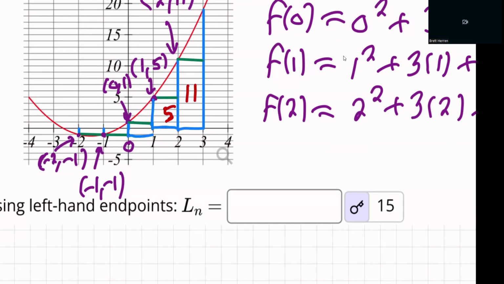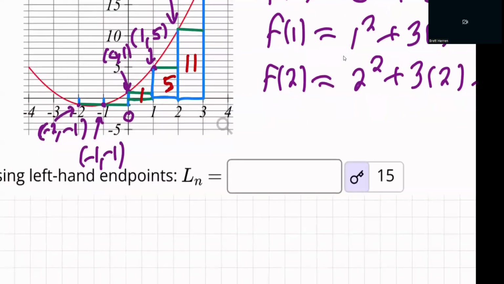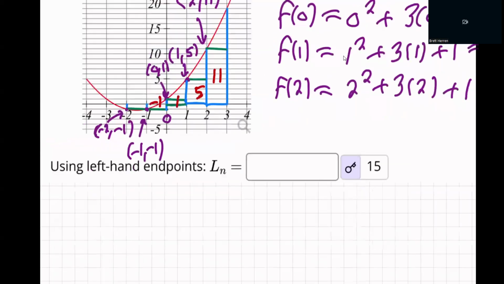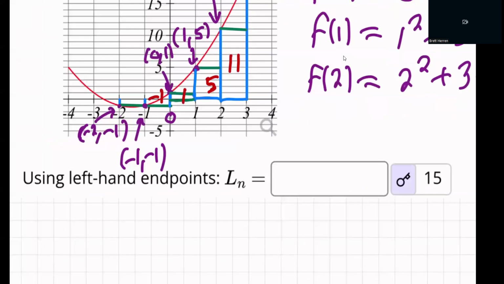This rectangle here, here's the x-axis, is just up 1, so its area is just 1. But now this rectangle is going to be a negative 1. Why? Because it goes down 1 with a width of 1. Whenever they go below the x-axis, their area is negative.